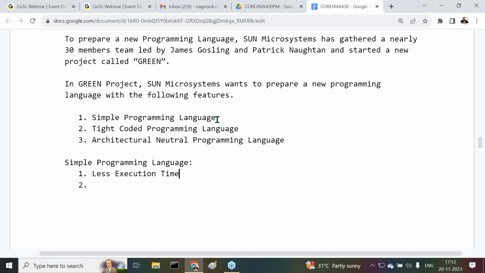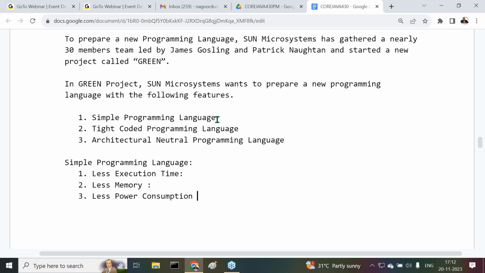The second one is less memory consumption. And the third one is less power consumption. All of you observe carefully.